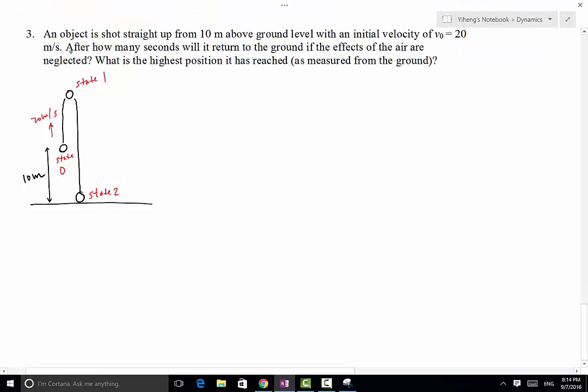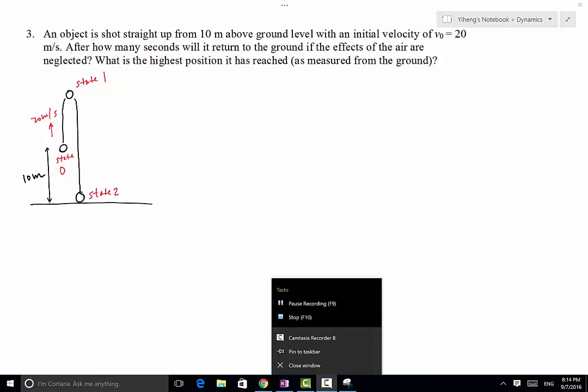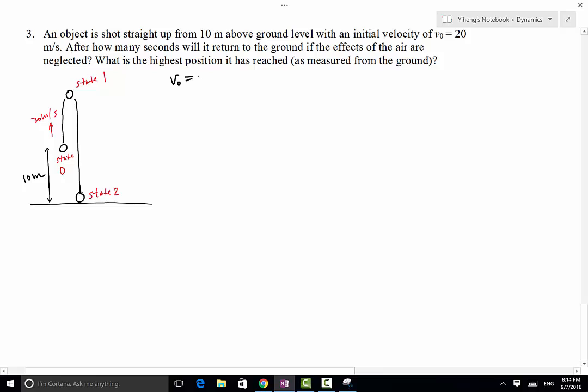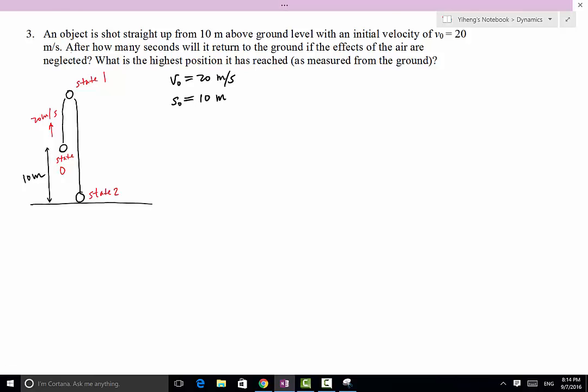We know that this object has an initial velocity, V0, that is 20 meters per second. And we also know its initial position, S0. If we choose ground to be our reference, which is an obvious choice, then S0 is positive 10 meters. This is by assuming this is our positive y direction.